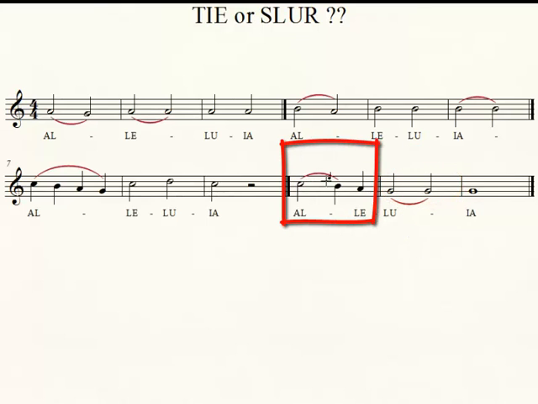The word ah has to change pitch here, and then change pitch again for the le. The lu will be stretched for 4 beats, and then ya as well.